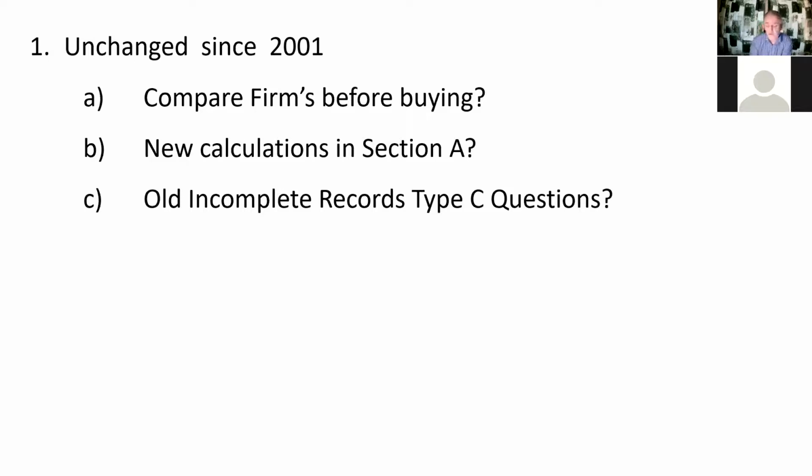And for those who are too young to know what that is, it was an incomplete records question that was based on the formulas. So you might be given the current ratio and the acid test, and that allowed you to find closing stock. And you might be given something about average stock, and now you had closing stock, so it allowed you to find opening stock, and it fed through like that.